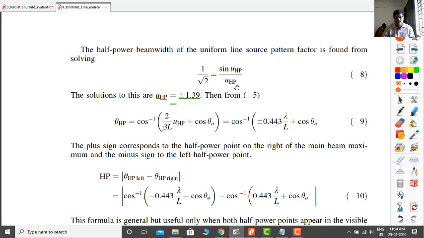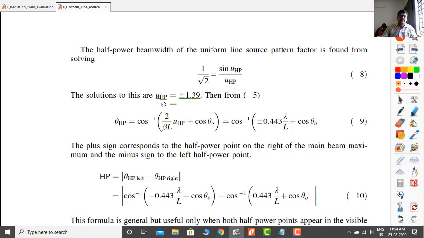You can keep on supplying the u values and plot it, and for the u value where we get 1 by root 2, that is 0.707, we can take that as the value of u. So it is very easy to compute by the graphical method by writing a program.